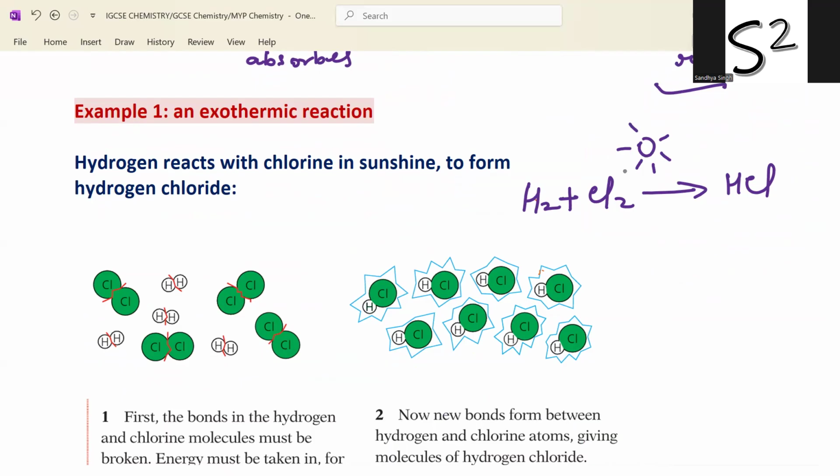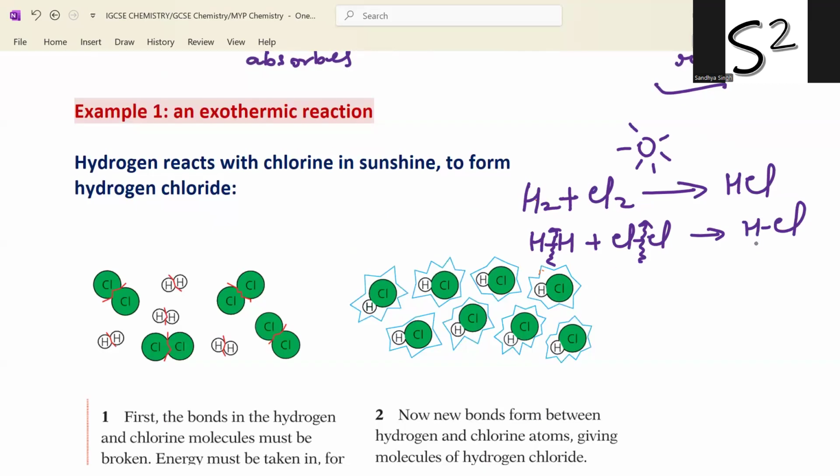Right? What happens? See, this is a hydrogen molecule. It reacts with chlorine molecules and forms hydrogen chloride. The bond between hydrogen and hydrogen breaks, and the bond between chlorine and chlorine breaks.